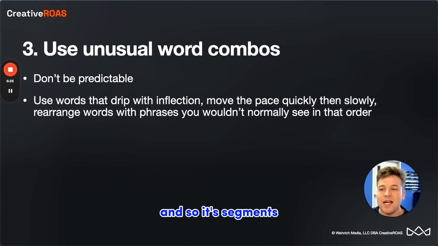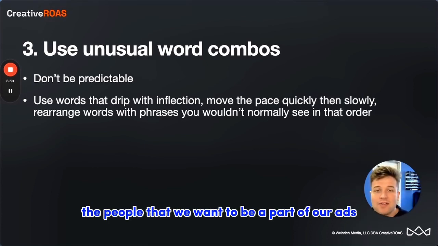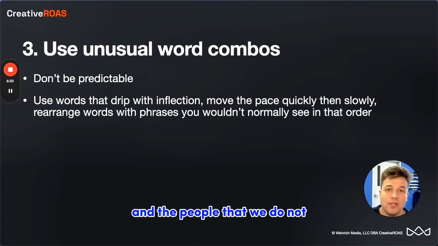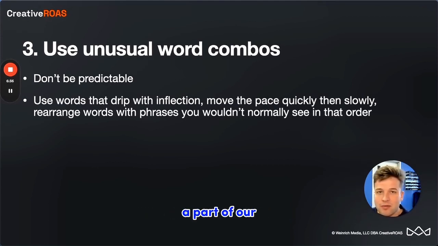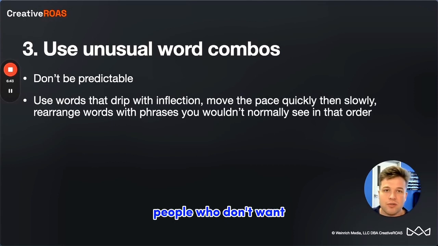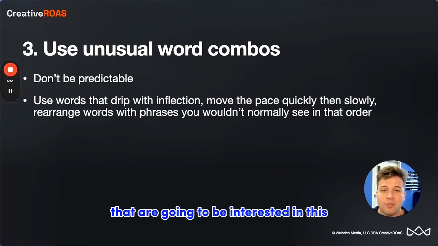And so it segments for us already the people that we want to be a part of our ads and click on our sales pages and the people that we do not. We are going to push away the people that we don't want to be a part of our ads, tire kickers, people who aren't interested in our product or our service, people who don't want to solve the problem that we solve, right? But it's going to call out to the people that we do want to solve their problems, that are going to be interested in this.